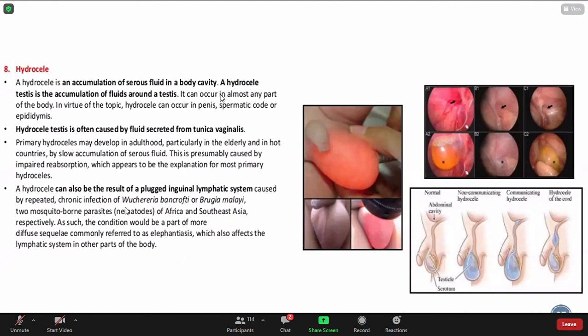So infection can cause hydrocele, or also parasites such as Wuchereria bancrofti or Brugia malayi, which are mosquito-borne parasites. This condition is part of a more diffuse sequela known as elephantiasis. You have seen cases of elephantiasis, where the lower extremities enlarge, including the scrotum. This is due to blockage or plugging of the inguinal lymphatic system.